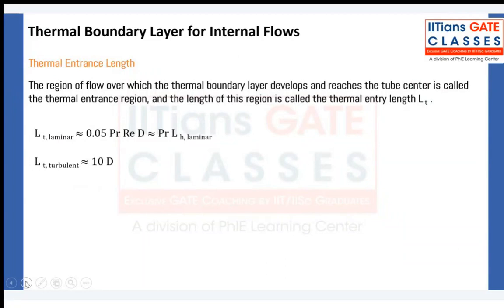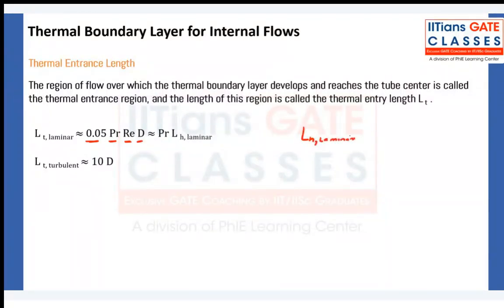How do you give it? It is equal to 0.05 times Prandtl number, Reynolds number, and characteristic dimension. Do you remember the hydrodynamic entry length?